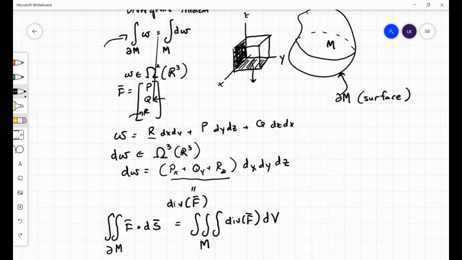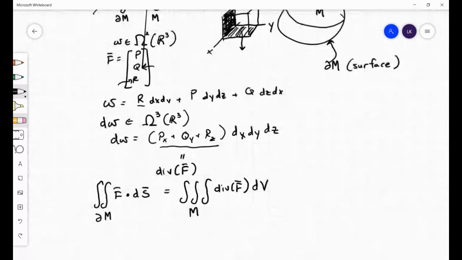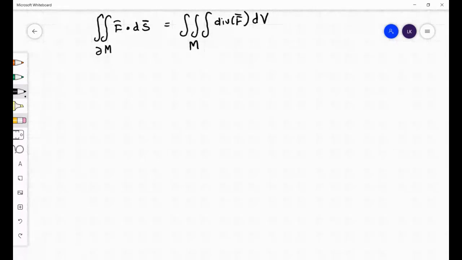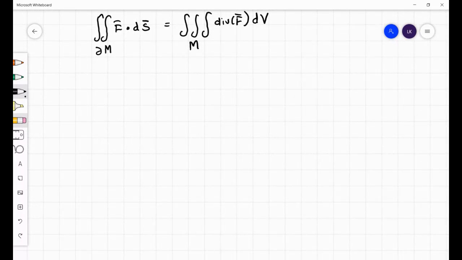All right. So maybe we can do an example with the divergence theorem. So here's our vector field.